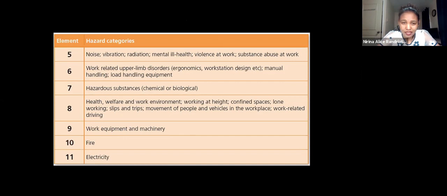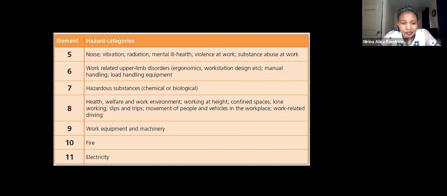You can have access to this document through the NEBOSH website if it was not sent to you already by your learning provider. If you look at element 5, for example, you have several categories. You have noise, vibration, radiation, mental ill health, violence at work, and so on. So yes, if those are the main hazards that you have in your workplace, then it's okay. Noise is one category, vibration is another category, and so on. So the answer is yes.